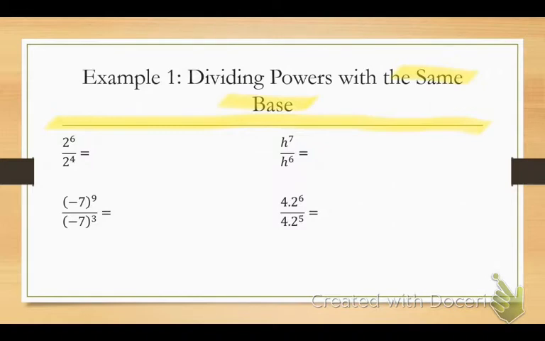But if they have the same base, quotient of powers says I can subtract. The order is important: the numerator minus the denominator. All right, so go ahead and write down these 4 problems and just leave about 2 spaces in between each problem.